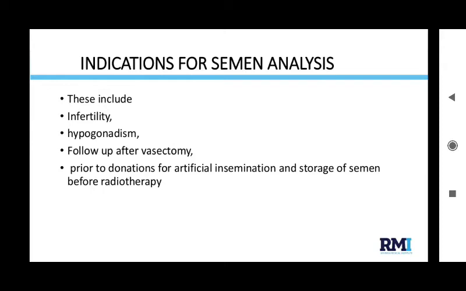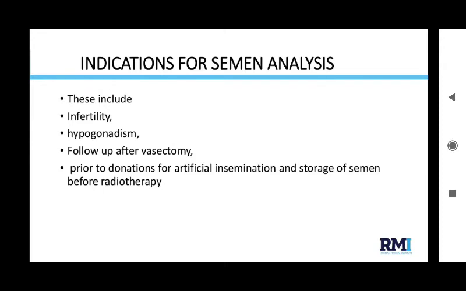Prior to donations for artificial insemination and storage of semen before radiotherapy: in patients with certain cancers, radiotherapy affects spermatogenesis later on, so prior to the radiotherapy itself, semen is collected and stored.